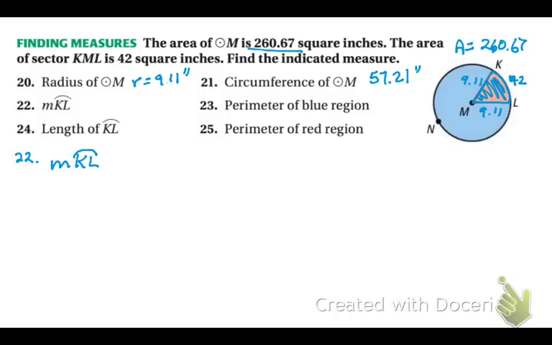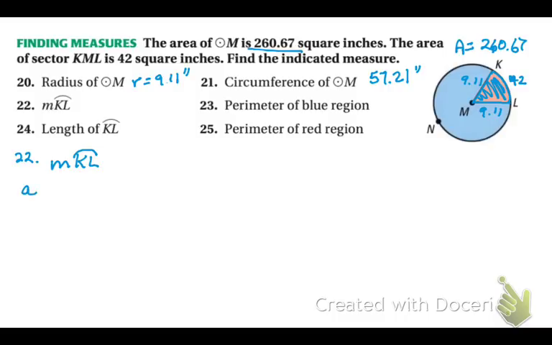So we need to find a formula that takes the stuff we know and figures out the measure of KL. Let's look at the area of a sector, because KL is actually part of a sector.